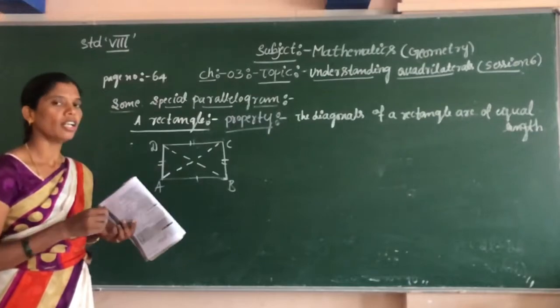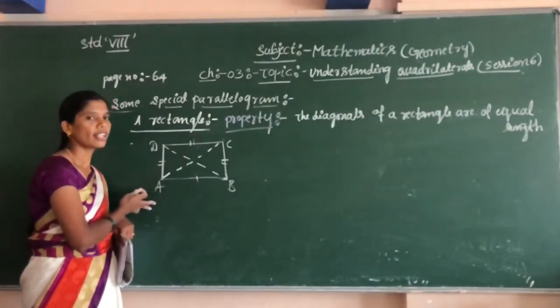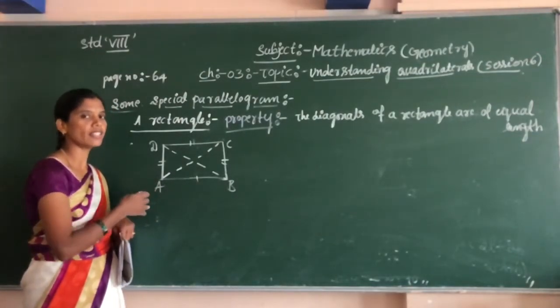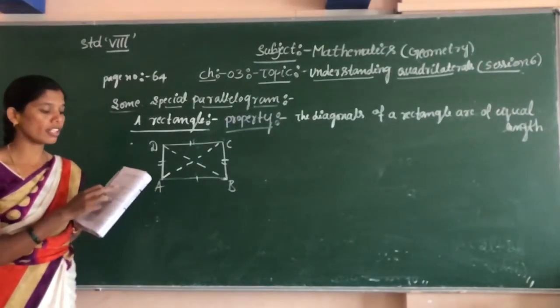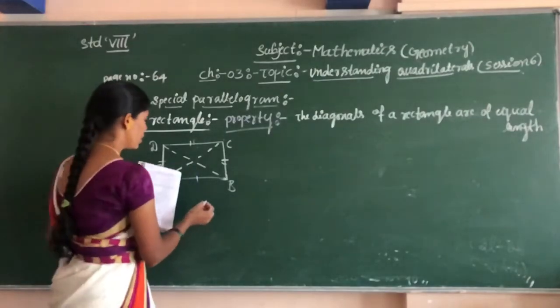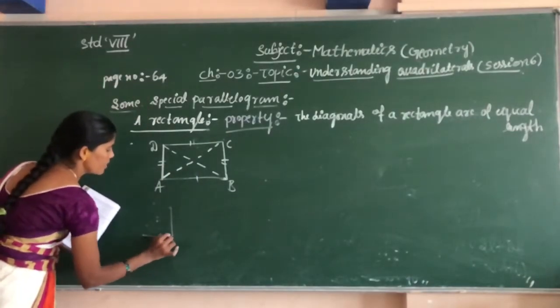You see, children, when we put the diagonals in the rectangle, the rectangle is divided into 2 triangles. Okay, 2 triangles are there. We should see which shape is there.